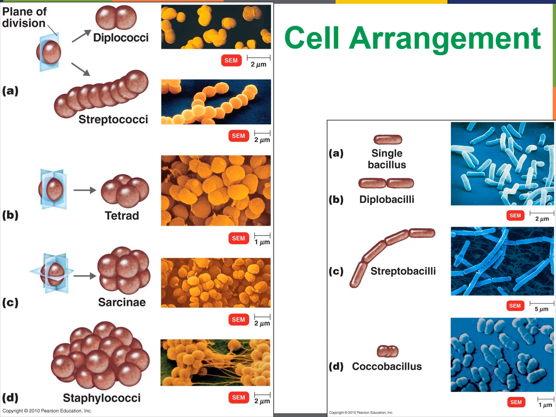Coccus cells can divide on the side or on the top, so they have 2 planes of division, whereas the bacillus cells only divide on the side, so they have 1 plane of division. Because of that, there's more variety of cell arrangement with the coccus cells than with the bacillus cells.